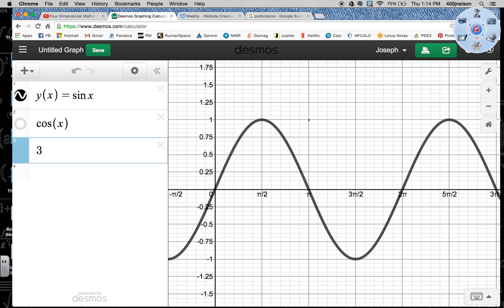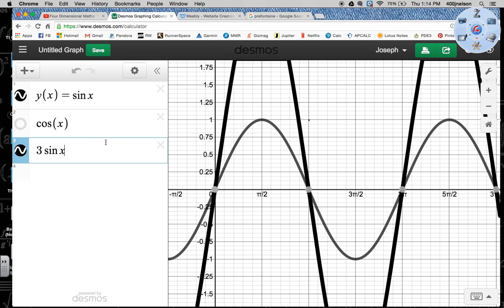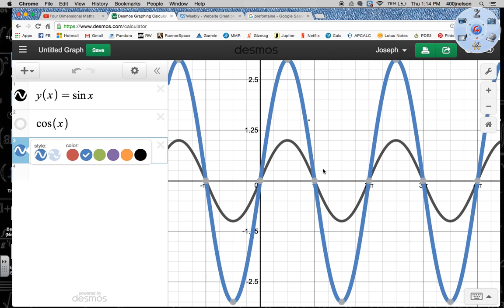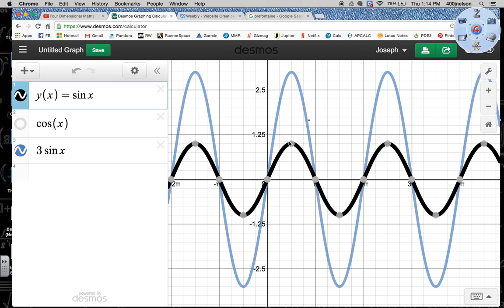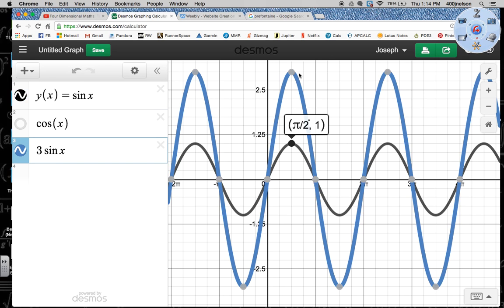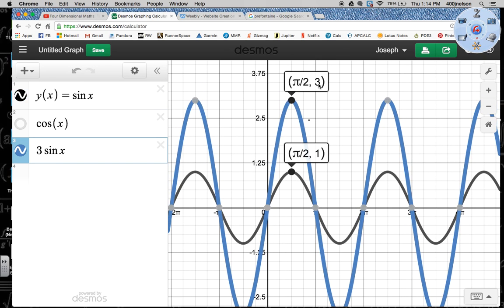Amplitude means height. So notice what it does. Sine of x has a highest point of 1, where 3 sine of x has a highest point of, oh, look at there, 3. So it's how high the graph goes from the center.